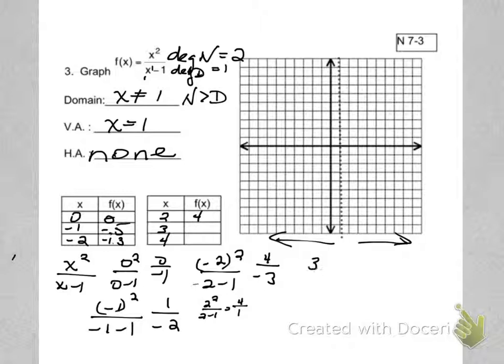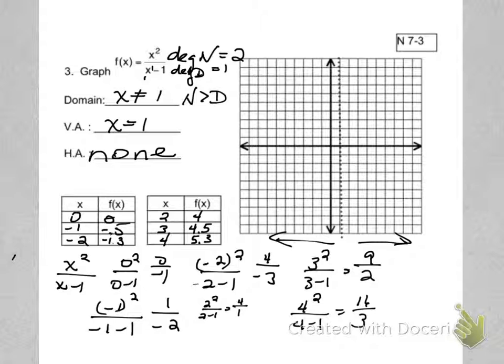We'll have 3 squared over 3 minus 1, which is 9 halves. So as a decimal, that's about 4.5. And then we have 4 squared over 4 minus 1, which is 16 thirds, which is 5.3. I make these decimals for graphing just because it's easier to locate on a graph.